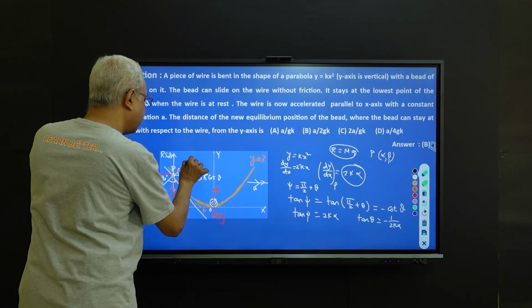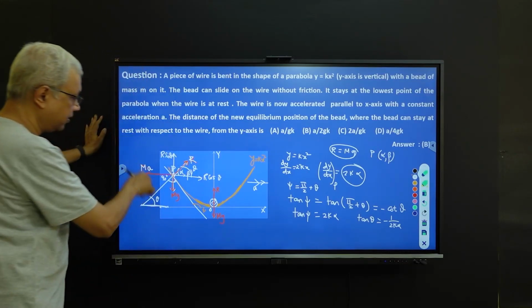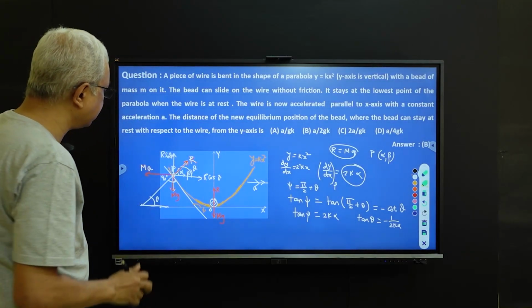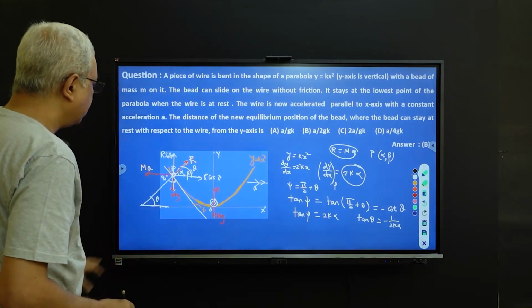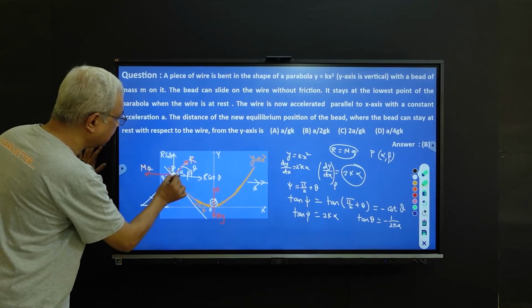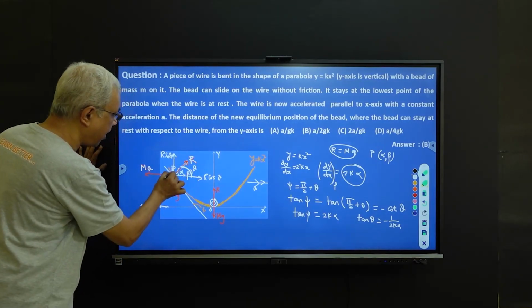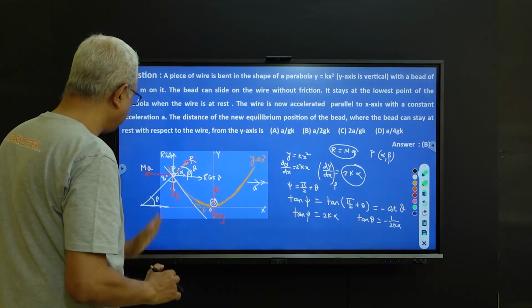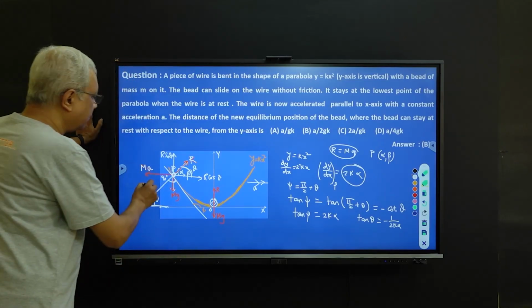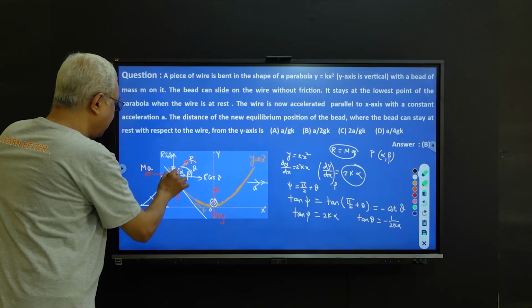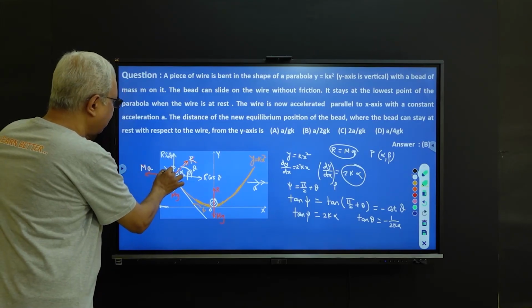Remember, this is the reaction force offered by the wire on the bead itself. Okay, this is the bead. So if this angle is theta, this angle is also theta. So R cos theta is the horizontal component, R sin theta is the vertical component of R. Now we can think that there are four forces acting on the bead.